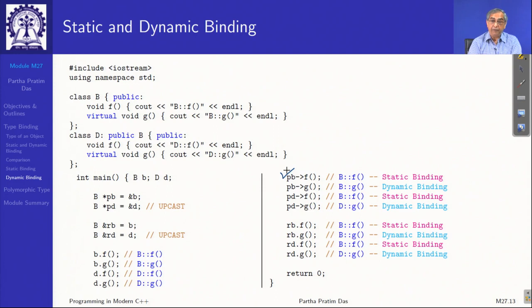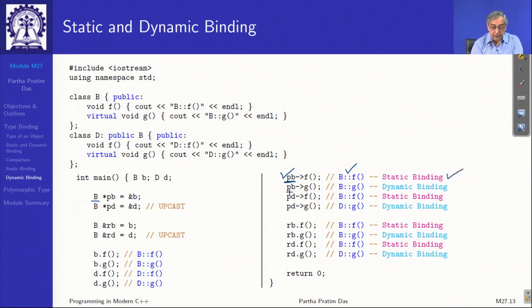Now, what is f? F is a non-virtual function. So, it is statically bound. So, which function it will call is decided by the type of p b, which is the base class. So, it calls B::f, we have a static binding.